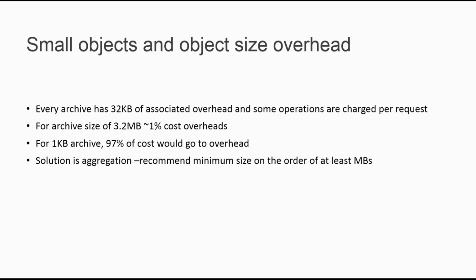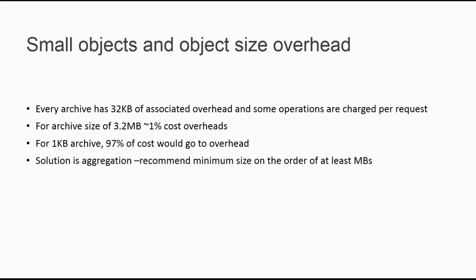Now, there is something really important while you plan to store your data in Glacier: you should not make the mistake of storing smaller files there, right? Even if you have a lot of small files, it makes sense to club them, put all of them together in a zip file and then put it in Glacier, because you have an overhead there.